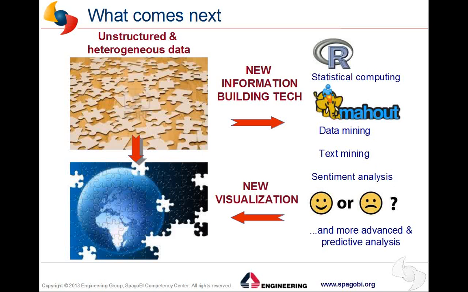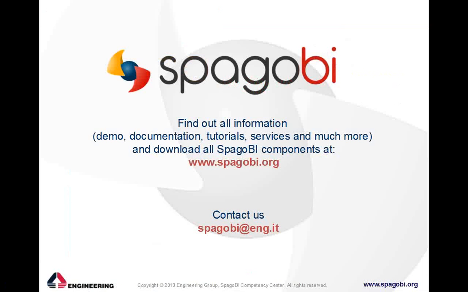By now we have faced this with this cycle of information building and visualization cooperating together in the life cycle of the agile development of information. But now we need something more specific for this kind of new representation, also for data mining, text mining, and so on.